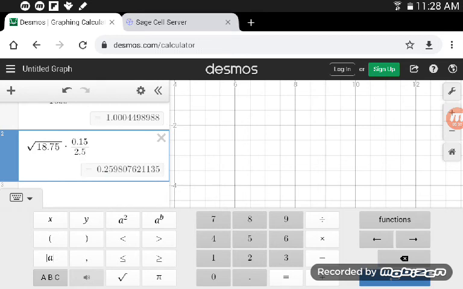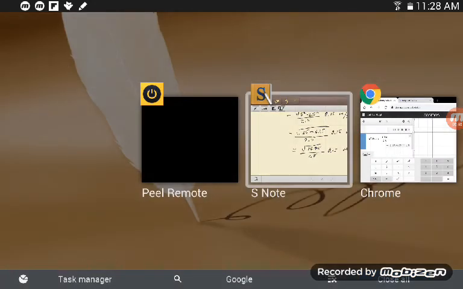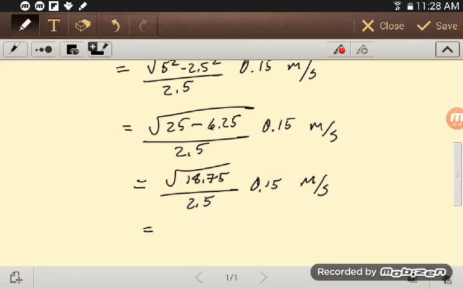And that is 0.2598, so we'll call it 0.26. So according to that, 0.26 meters per second is the magnitude of dx/dt. Okie doke. So I guess that is number 22.